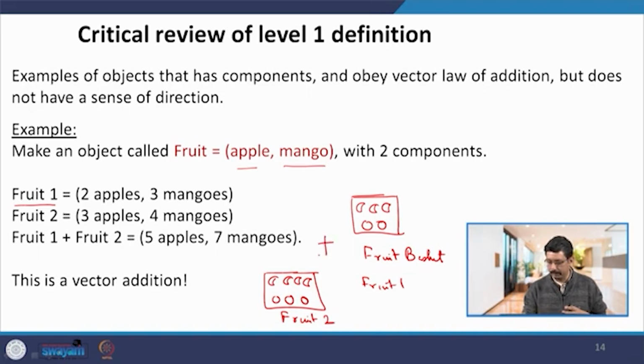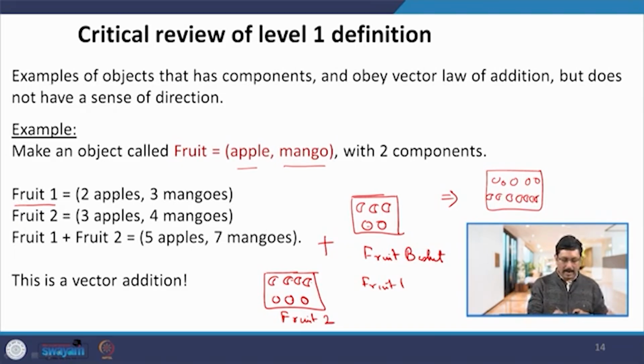So, if I add them, evidently the new basket will have 5 apples and 7 mangoes. So, you see how you compute that?